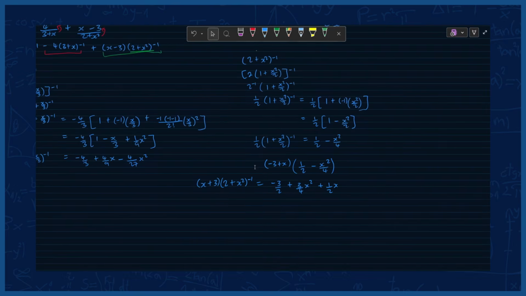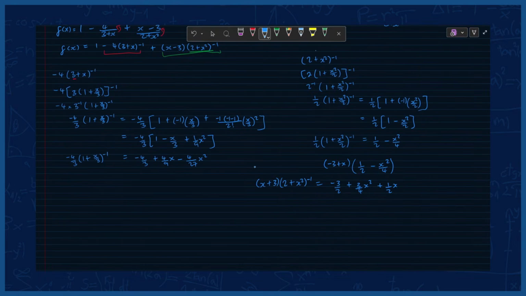So we can put everything together since we have all the expansions. We now know that f of x is equal to the 1 that we had there. And then remember, I took the minus with me when I was expanding, so don't then subtract again.